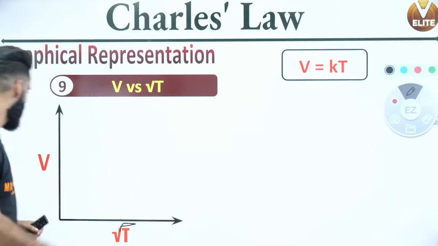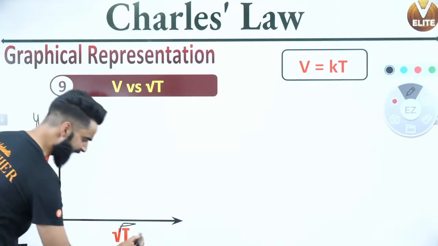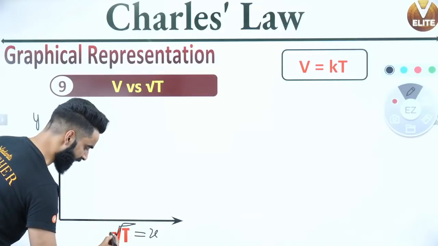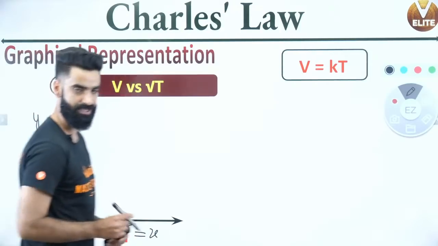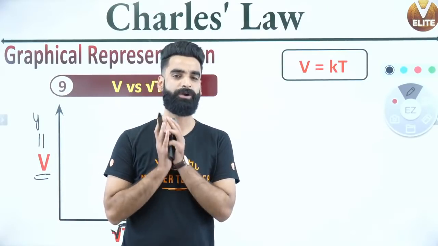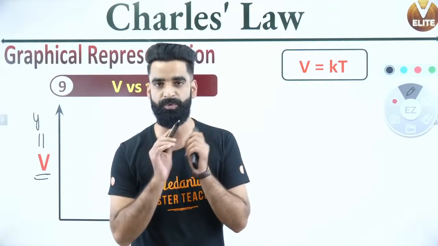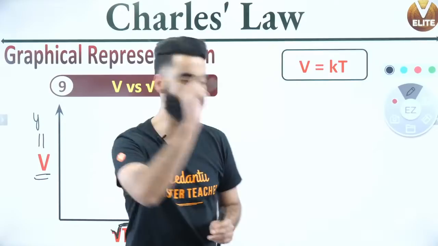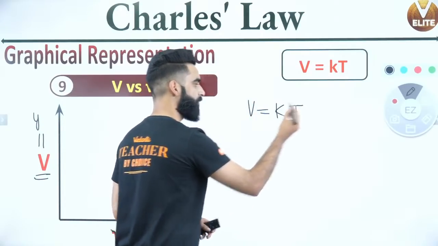Have a look. Along y-axis right now I'm plotting volume. Along x-axis I'm plotting square root of t, right? And we know, in order to plot any curve in the Charles law, what are we supposed to do? We are supposed to use our basic equation. What is our basic equation, guys? V is equal to kt. Right?